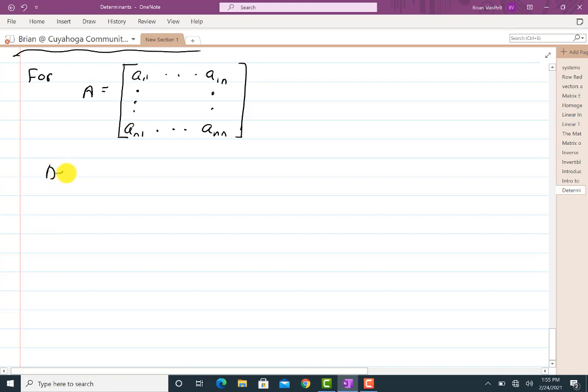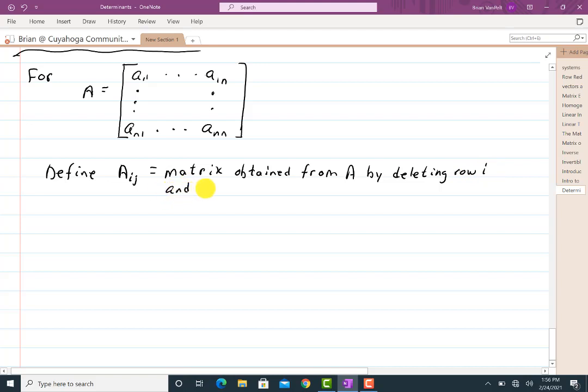Define A sub ij. This is the matrix obtained from A by deleting row i and column j.